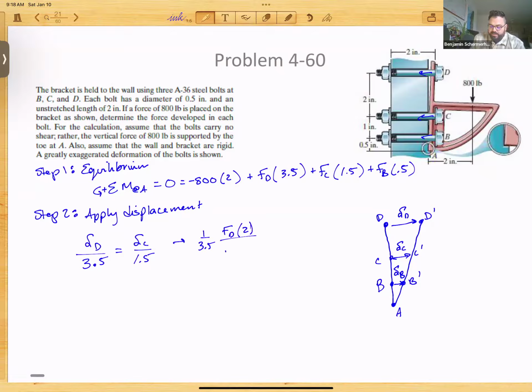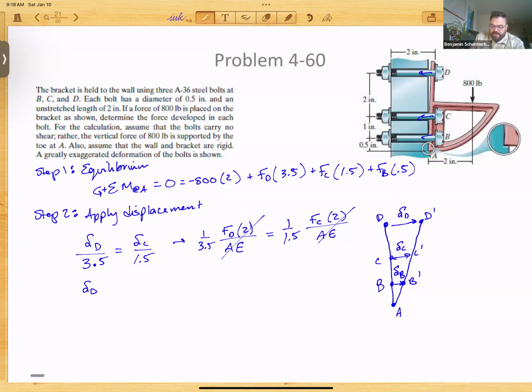We're plugging in that displacement equation over the area and modulus of elasticity, and that is going to be 1 over 1.5 times the force in C times 2 over the area and modulus of elasticity. L, A, and E are all the same, so we just get the ratios of the forces. Good to know.